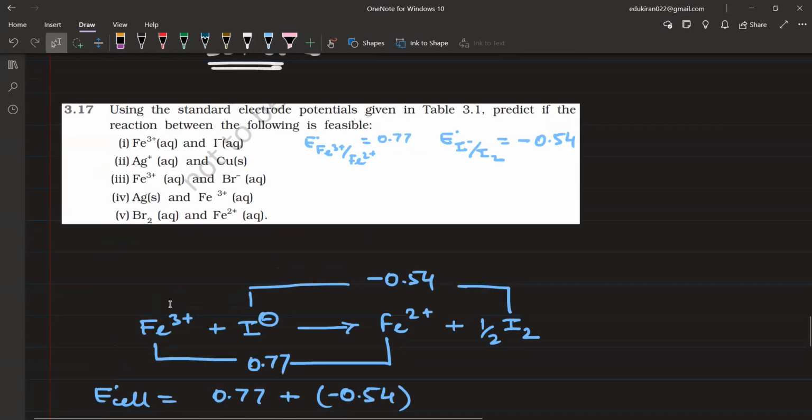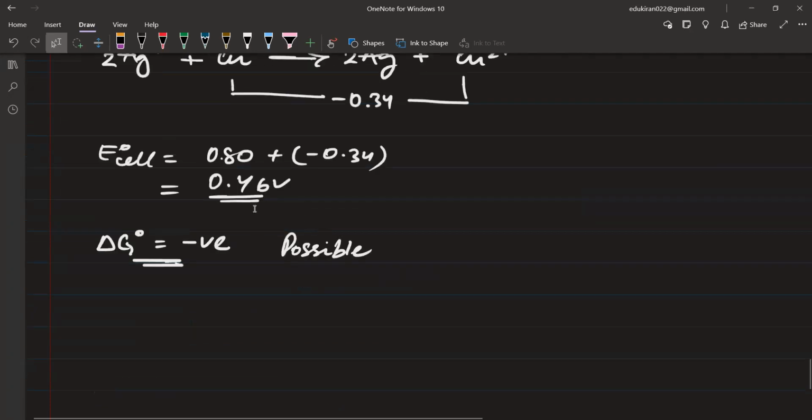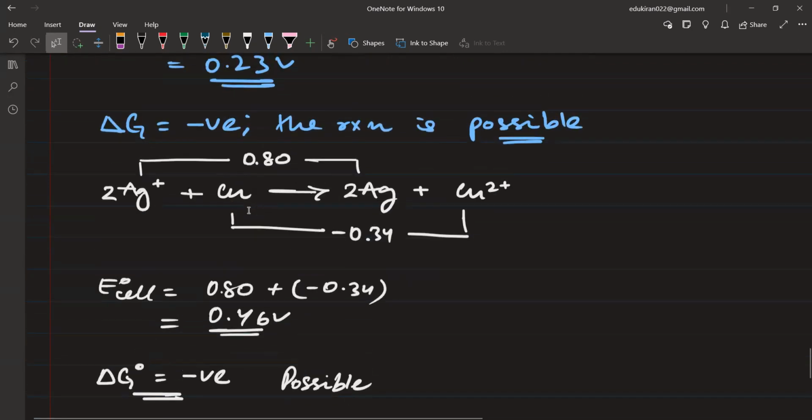Next, what is yours? Fe3 positive and Br negative. Can't we use minus 0.54 for copper? Sorry, minus 0.52.